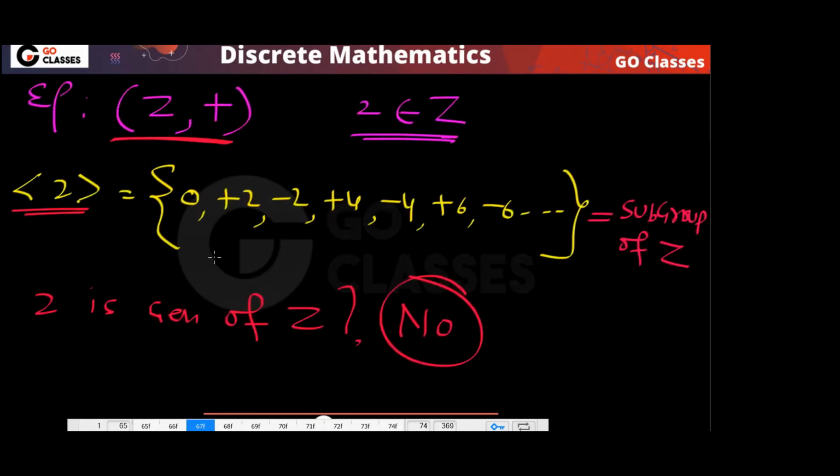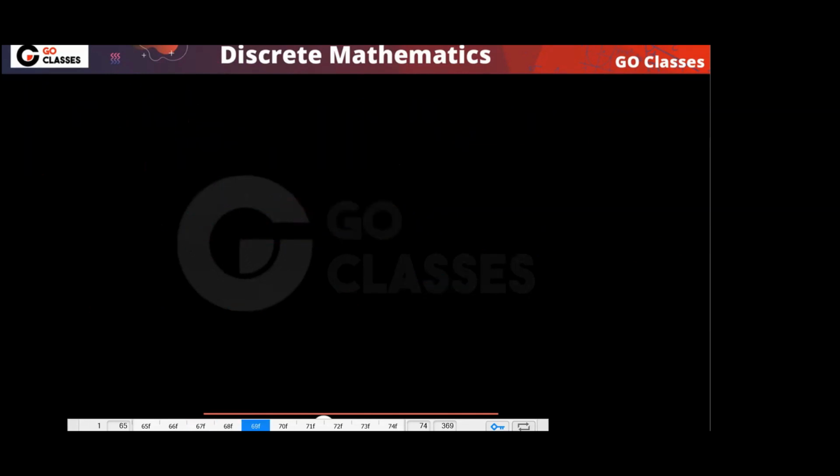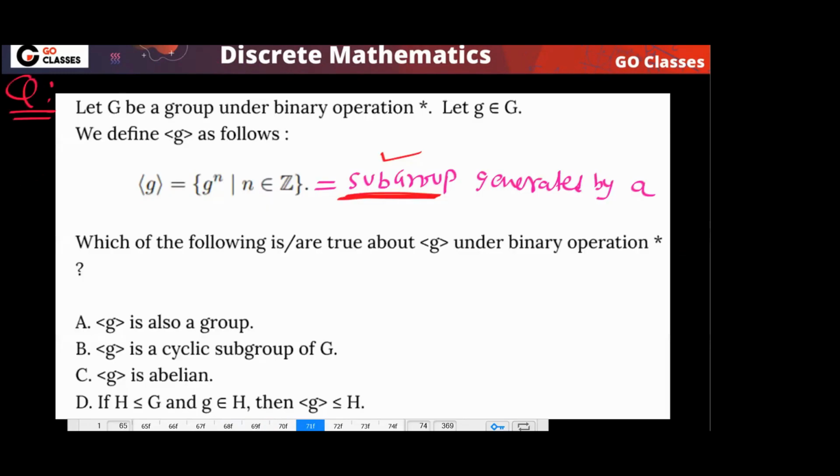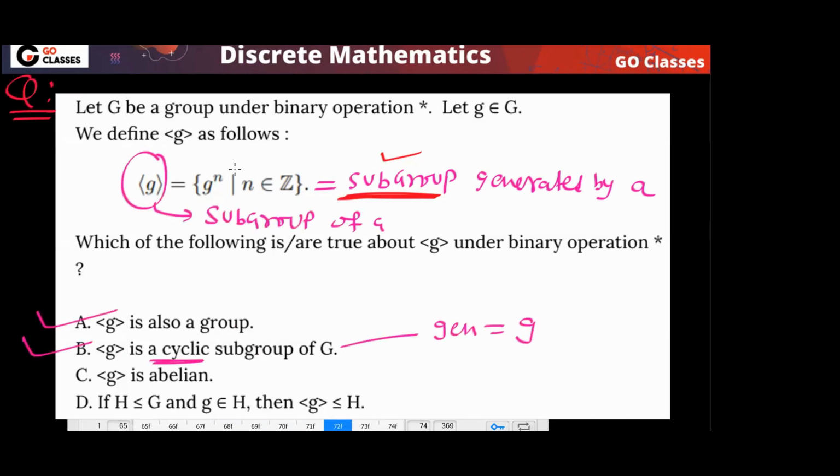Is this concept clear? So I can say 2 is not a generator of Z, but 2 is a generator of 2Z. 2 can generate this group. So this is a cyclic group and it is a subgroup also.